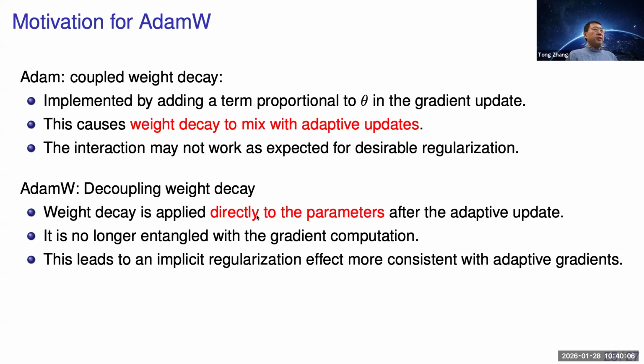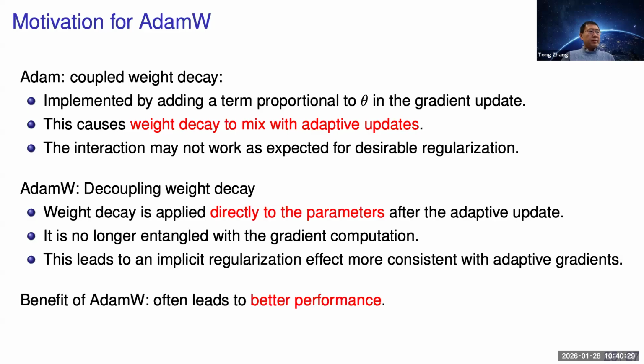AdamW decouples the weight decay directly from the parameter update, which is just a more original idea of weight decay. If you interpret what weight decay is, it just decays the weights. This is more direct, no longer entangling these two, and this implicit regularization effect is more consistent with adaptive gradients. So those are other good properties.